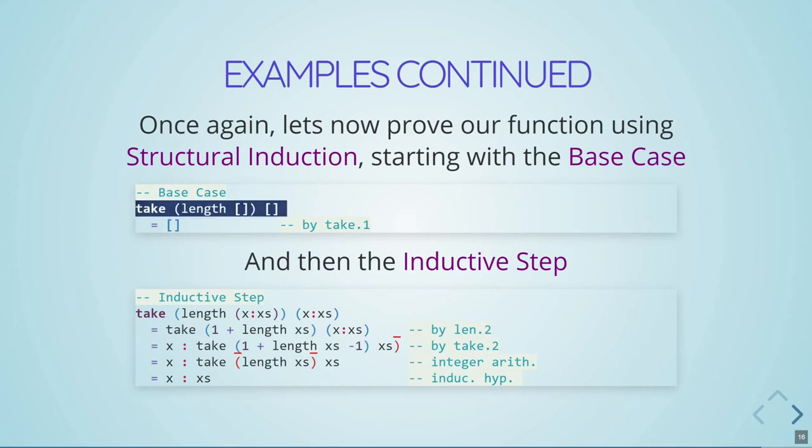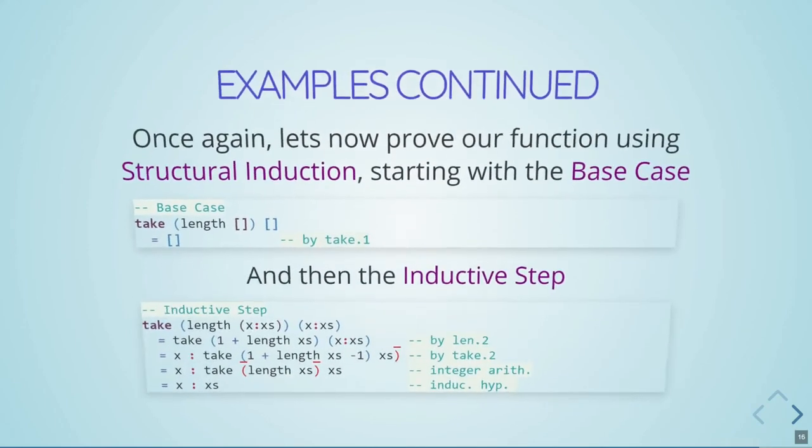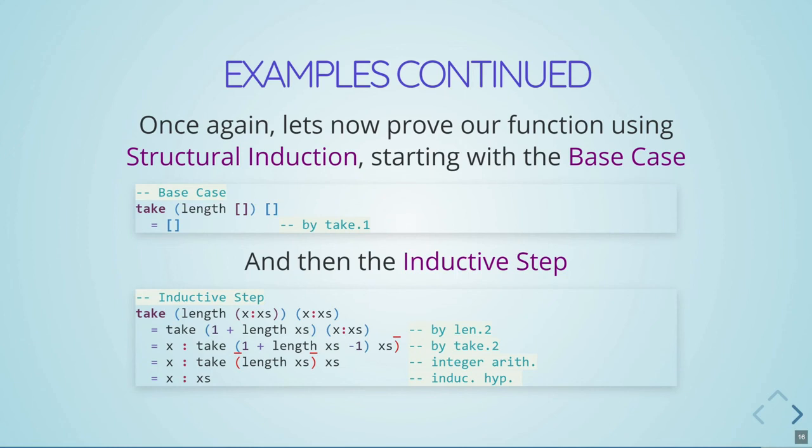Keep in mind, our base case is we have to get from this, where x's is the empty list, to this. So we have take length of the empty list from the empty list equals the empty list.